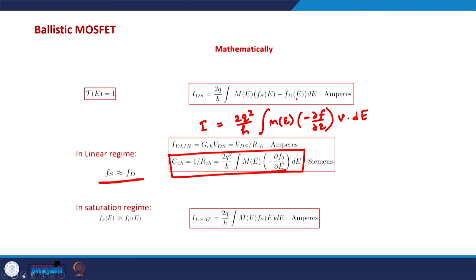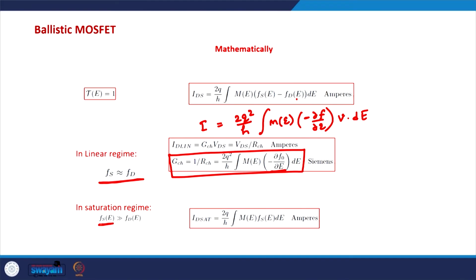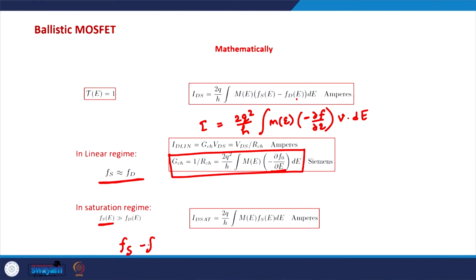And in the saturation regime, which is when a high voltage has been applied on the drain terminal, the source Fermi level is well above the drain Fermi level. In that case the difference between the source and drain Fermi functions can be approximated by just the source Fermi function.